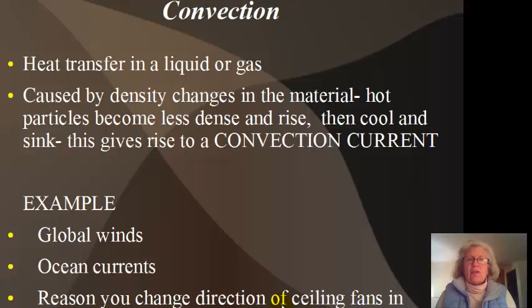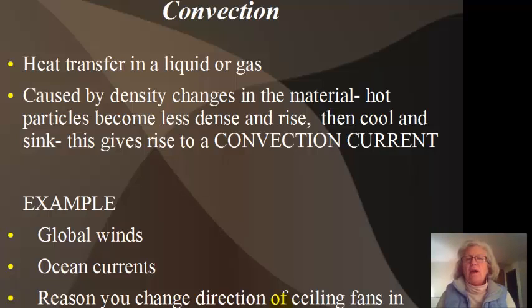And the next type of heat transfer is convection. Convection occurs when you have a convection current occurring. So you set up a current, and this will occur only in liquids and gases. The convection current occurs because you have a density change in the material that's getting heated.